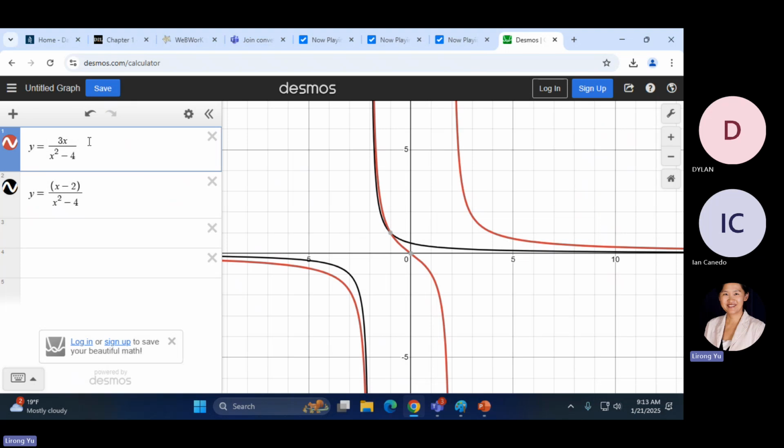Therefore, for this function, x equals 2 is canceled, so 2 is not an asymptote. One of the discontinuities is removable. At x equals 2, that's a finite value. It has a limit. On the other hand, x equals negative 2 is not canceled, so at negative 2, you still have that vertical asymptote.